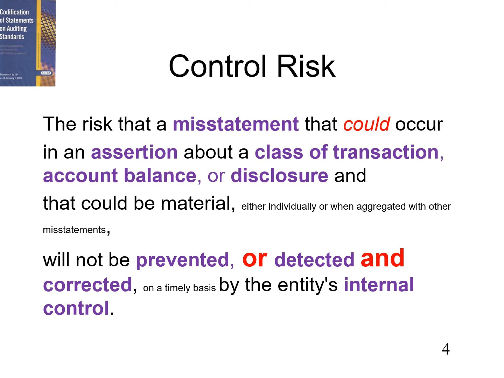As soon as I see the word assertion, I think, well, actually, assertions relate to transactions, account balances, and disclosures. That could be material, will not be prevented or detected and corrected by the internal control. So if it's prevented, there's no need to correct it. If the controls detect a material misstatement, then they need to correct it.